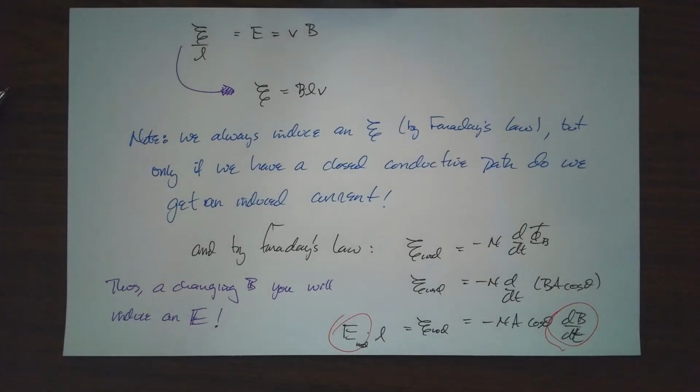This is the fundamental idea in an electromagnetic wave, that you have oscillating electric and magnetic fields. A changing magnetic field induces an electric field, and then by Ampere's law, a changing electric field will induce a magnetic field. They drive one another on to create the electromagnetic wave.